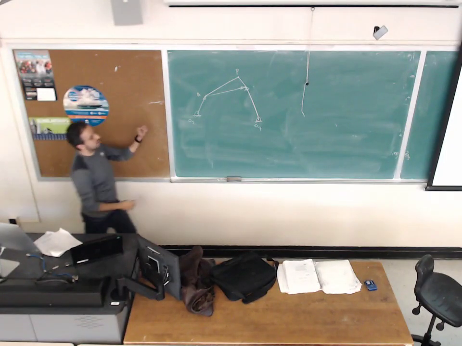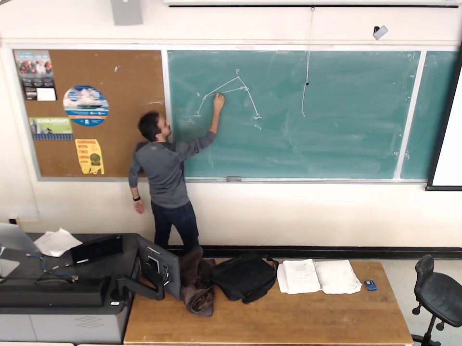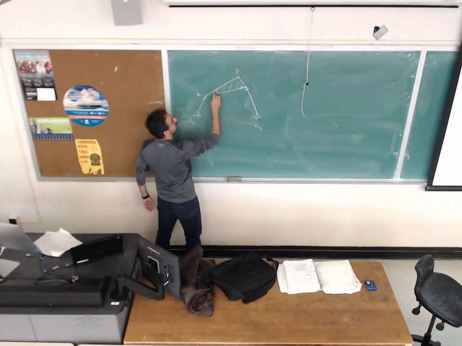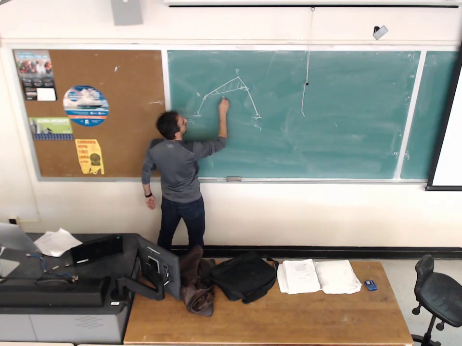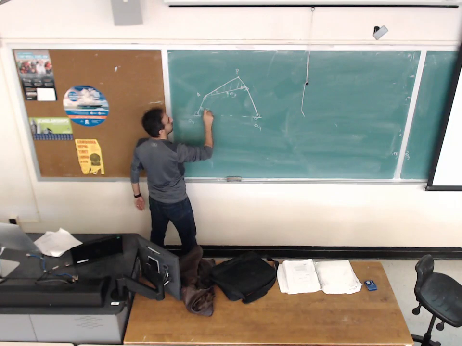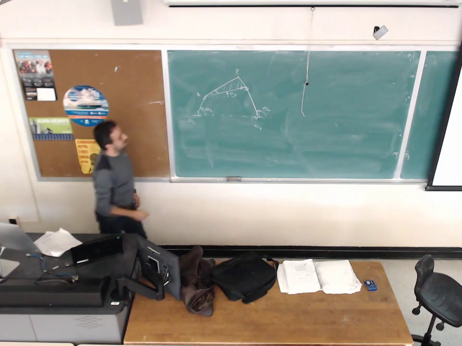Suppose we have this 4-bar mechanism with this terminal link. This angle is delta. The other angles are labeled as theta 2, theta 3, and theta 4.